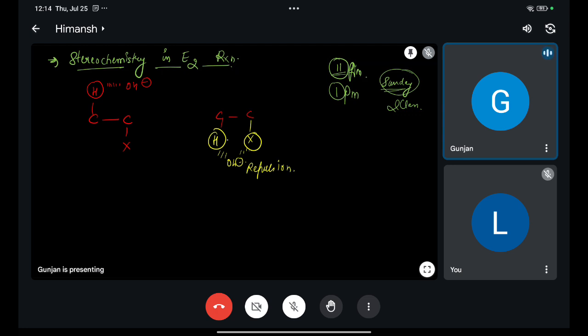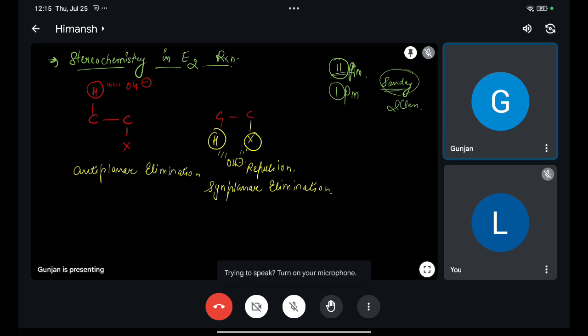This is known as syn-planar elimination, and this is known as anti-planar elimination. Got it?